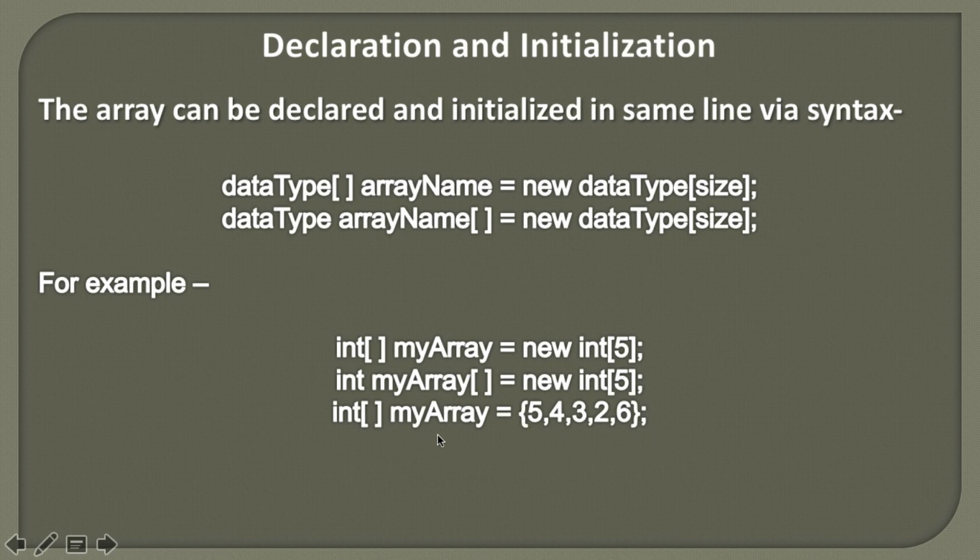It will directly initialize this array with proper values such as 5, 4, 3, 2, 6 at index 0, 1, 2, 3 and 4. Here you can see it deduces the size by counting the number of elements we have provided inside the curly brackets. As we have stored 5 elements, this integer array will now have a size of 5.